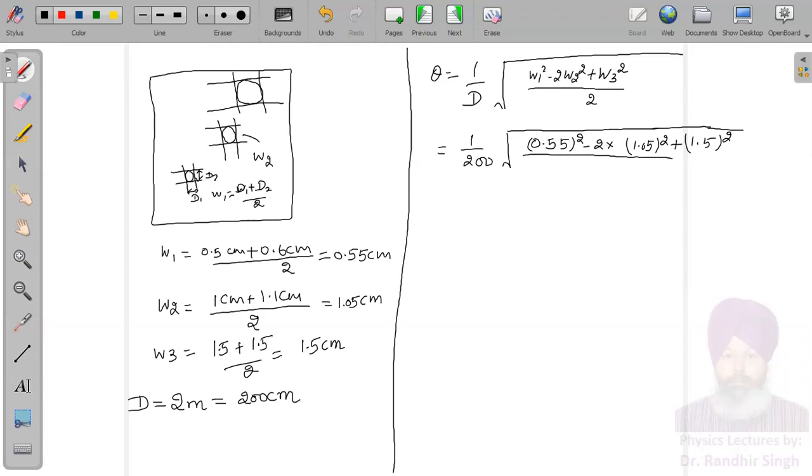Divided by 2, it will be 1 upon 200 into square root of this is 0.3025 minus the second term is 2.205 plus this I already know it is 2.25 upon 2.